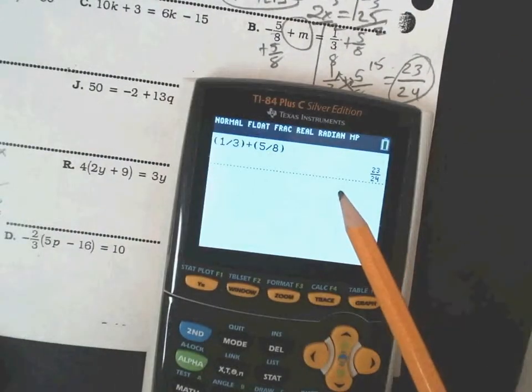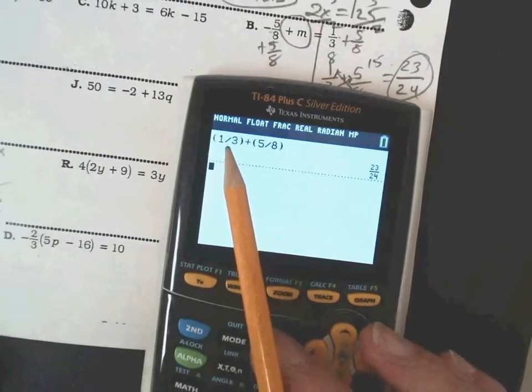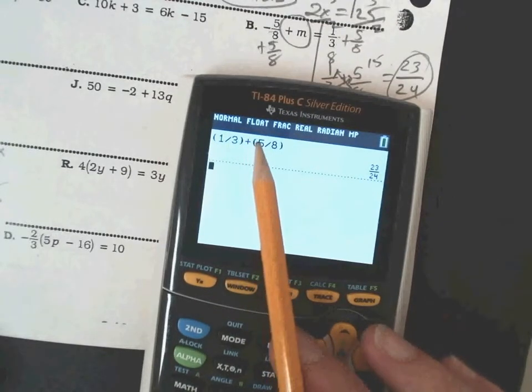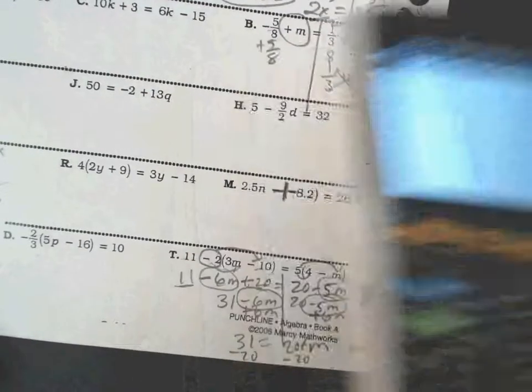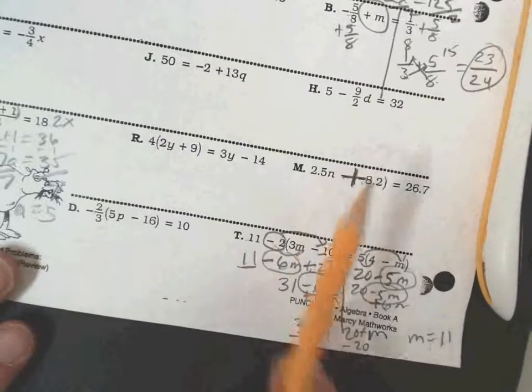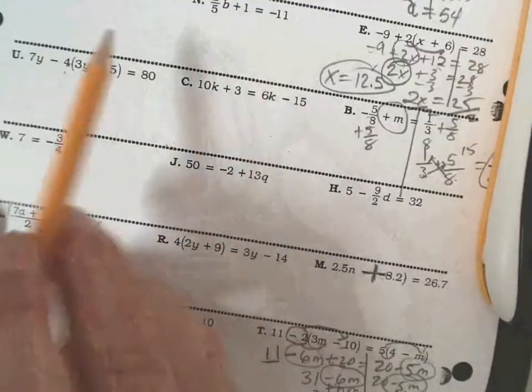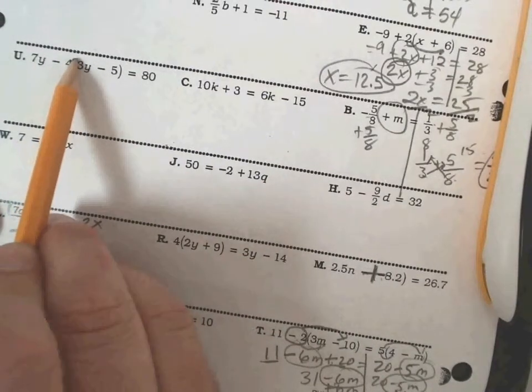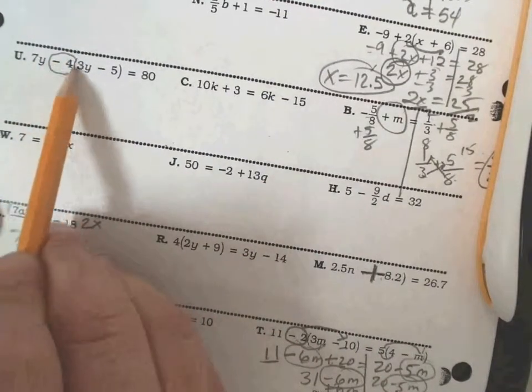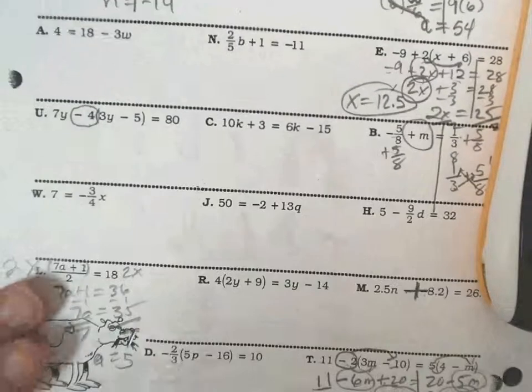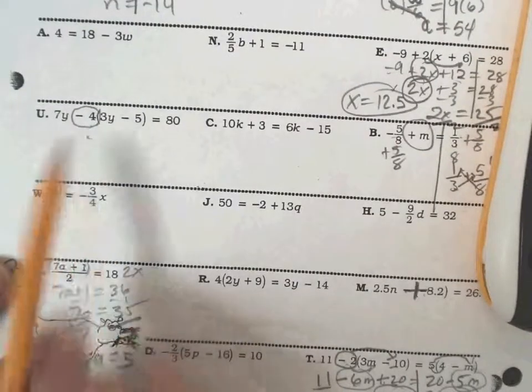But since you can use your calculator to do it, just make sure you put your fractions in parentheses when you do that. And just remember to always circle your X. Remember on distributions that you're not just distributing the number, you're distributing the number and the operation or sign that's in front of it. So make sure you're doing that on these.